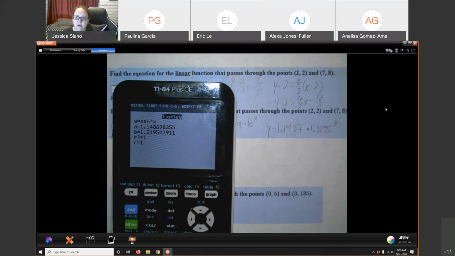So the calculator will find equations of functions for you if you do stat plots, even though it's not statistics. Hypothetically, if you were taking a test and you forgot how to find the equation of a line, you could just put these 2 points in and do a linear regression, and it'll find the equation between the 2 points for you.